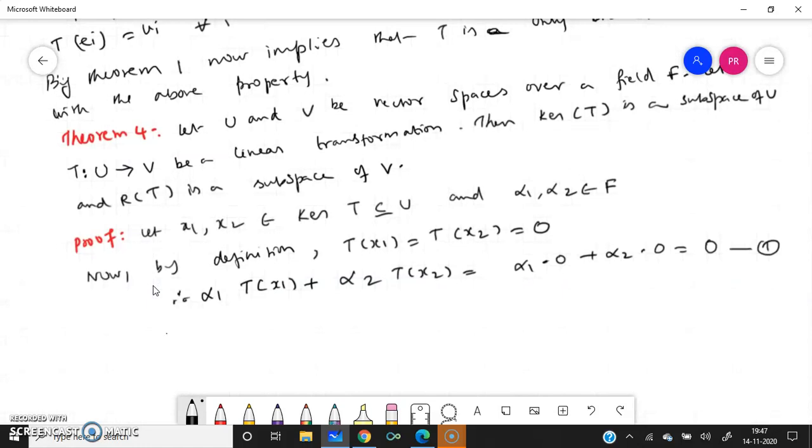Now T of alpha 1 x1 plus alpha 2 x2. T of anything in the kernel will be 0; that is how the kernel is defined.